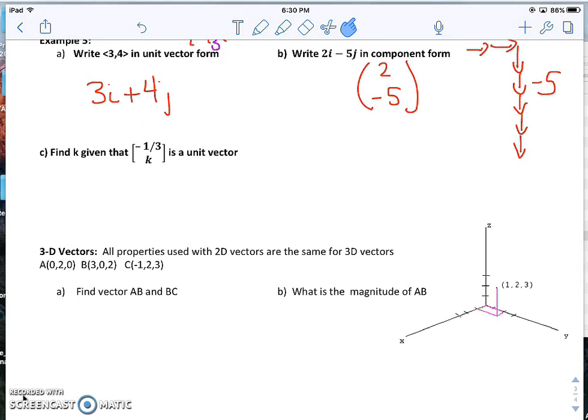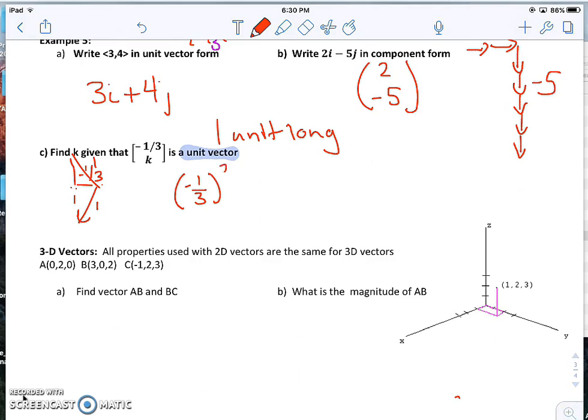Find k given that it's a unit vector. Again, unit vector means 1 unit long. So here's our x and our y. We go backwards negative 1/3, and we could go up or down, who knows, but we know that the actual vector length is 1. So by the Pythagorean theorem, negative 1/3 squared plus k squared has to be 1 squared.